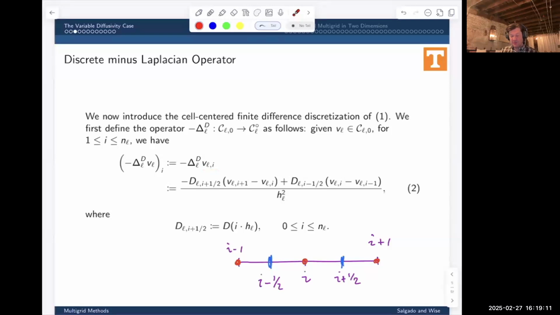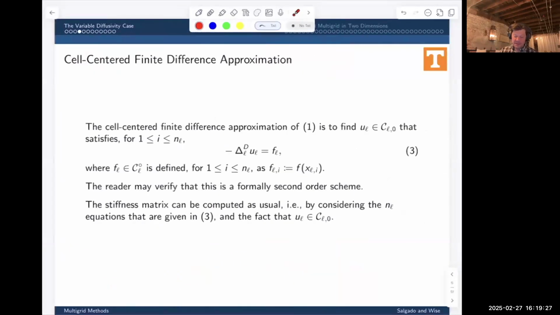So that's what all this notation means, and that's the derivation of this second finite difference operation whenever the diffusivity is not a constant. So this leads right away to a finite difference problem. The cell-centered finite difference problem in particular is we want to find a u that is a cell-centered function on level L. So we're just dealing with one grid, which we'll call the level L grid, such that that grid function is equal to 0 at the left and right boundaries at 0 and 1.